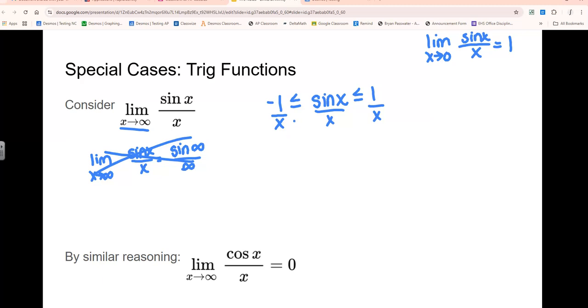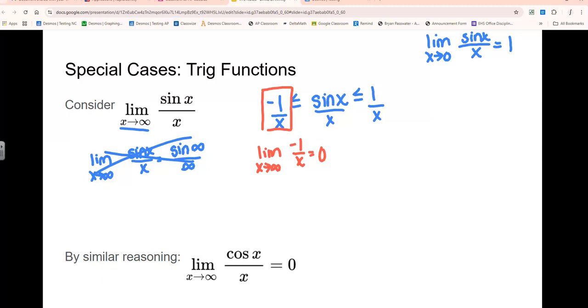But what I have here is a squeeze theorem scenario, because I've got this function on the left that is always less than sine x over x. Well, what is the limit as x approaches infinity of -1 over x? 0, because I've got a number divided by a variable.